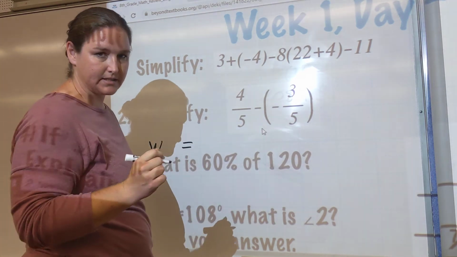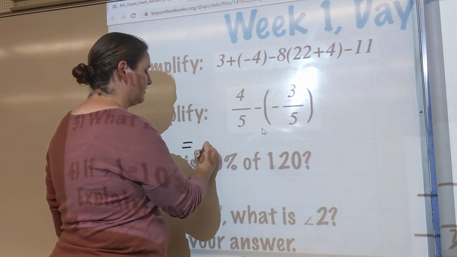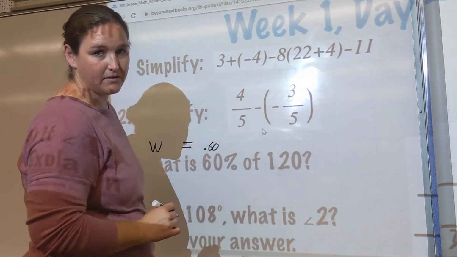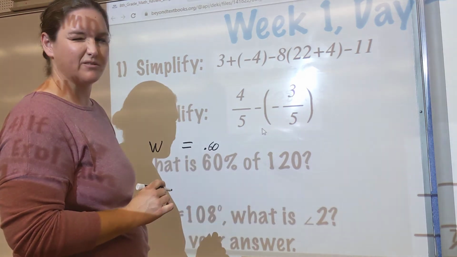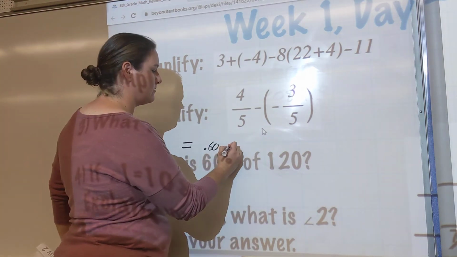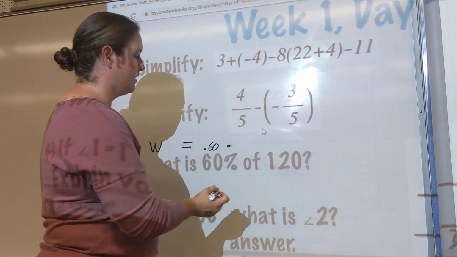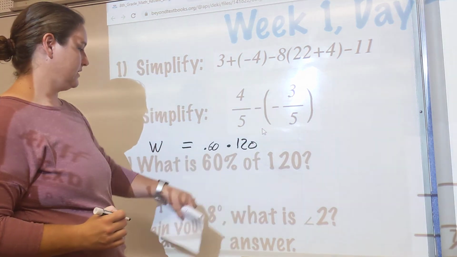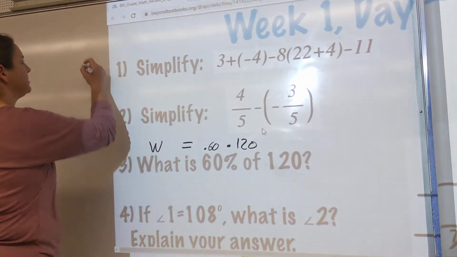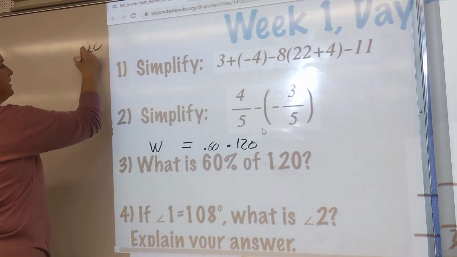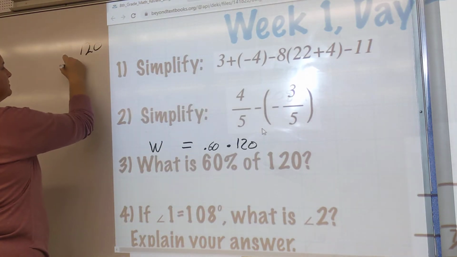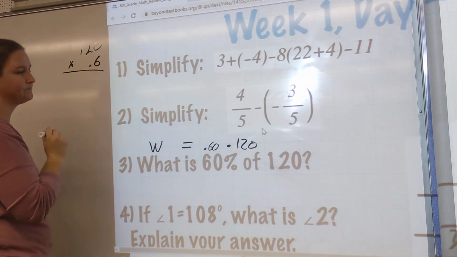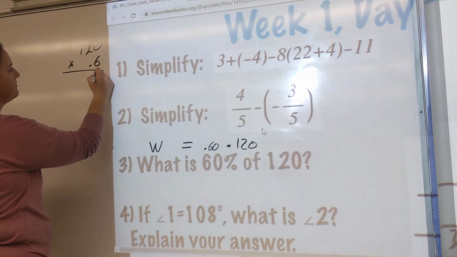So how do we write 60%? 0.60. It doesn't really matter if you have the 0 on there. We'll put it in there for right now. Of would mean to multiply 120. So what is that? Well, let's check. 120 times, oh, I guess we'll do it times that way, 0.6. All right, let's multiply it out.